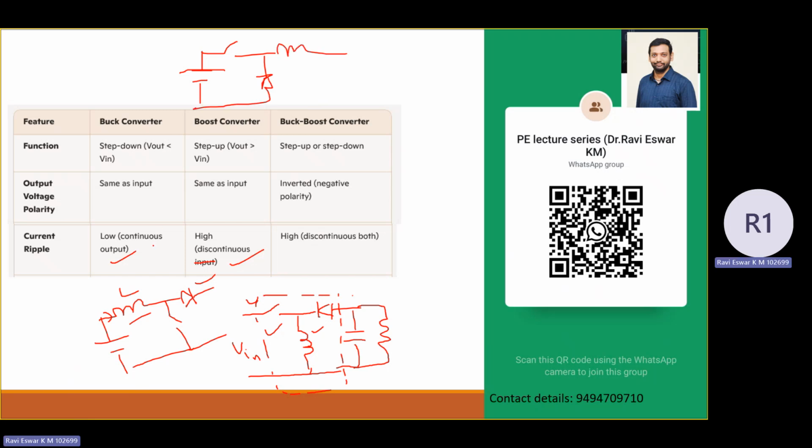So the current is continuous at the output side, but at the input side, at the source side, the current is discontinuous. That is the comparison of the buck converter, boost converter and buck boost converter with respect to current ripple. In the case of the buck converter, the inductor is not present at the input side, therefore the input current ripple is high.